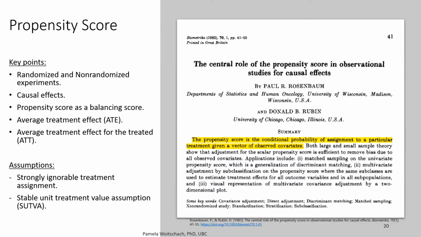In this paper, they are focusing on the idea of causal effect that comes from the experimental design. That's why they are talking about a particular treatment given a vector of observed covariates.